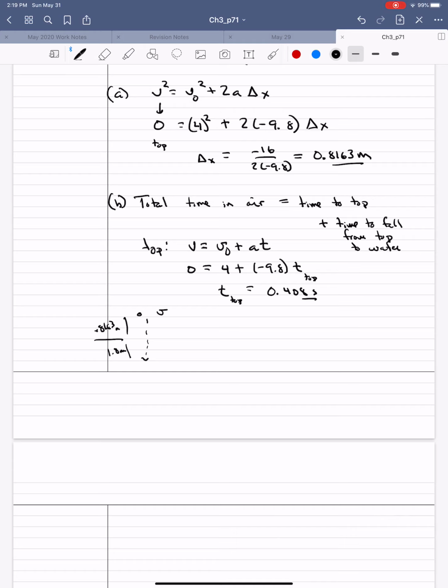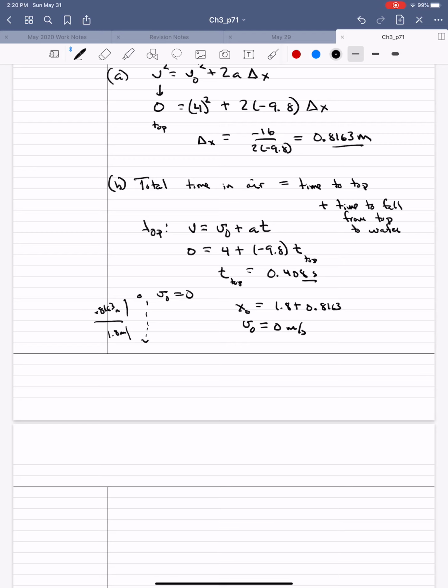So at the top, I'm going to switch to thinking about the top as the initial place. So at the initial place at the top, she's at a height, an x0 of 1.8 plus 0.8163. And the speed at the top now is 0 meters per second. So I'm switching what I'm calling v0 from the place on the board to the place at the top.